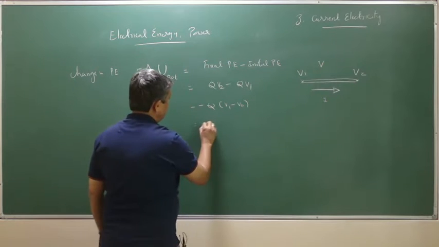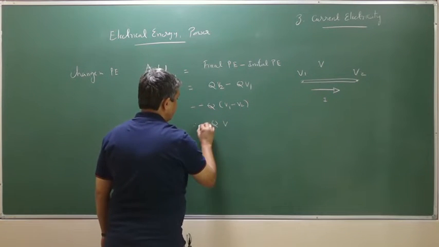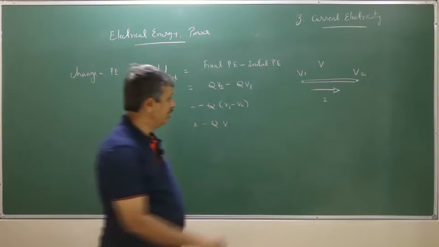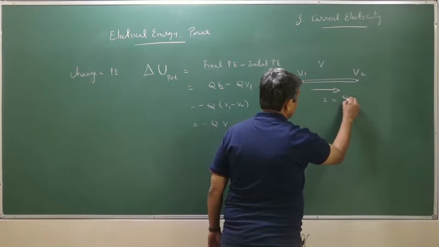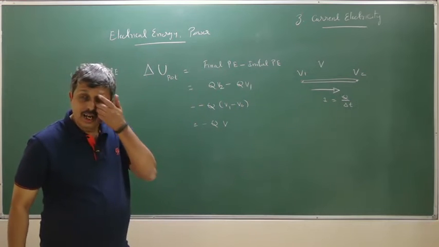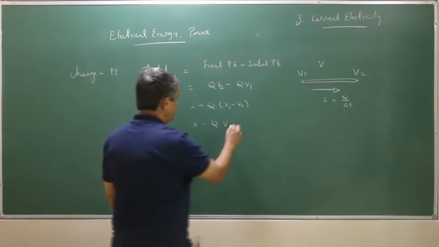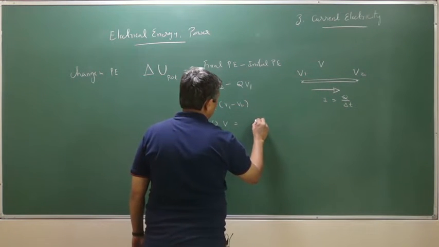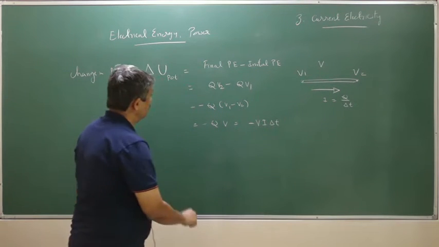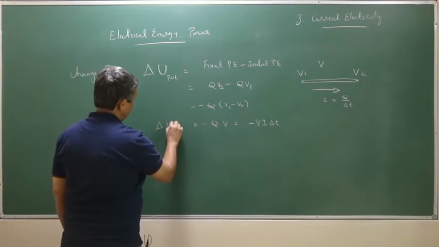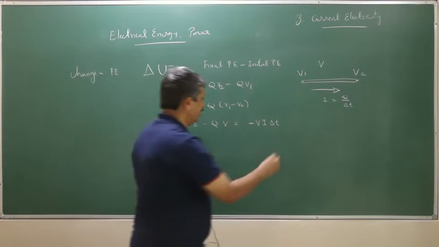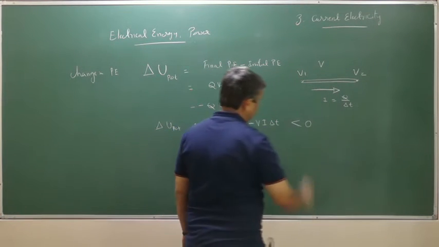So I will write this as minus Q into V. However, we know that I is Q by delta T, or Q is I into delta T. So this is minus V into I into delta T. This is the change in potential energy, and it is definitely negative, less than 0.